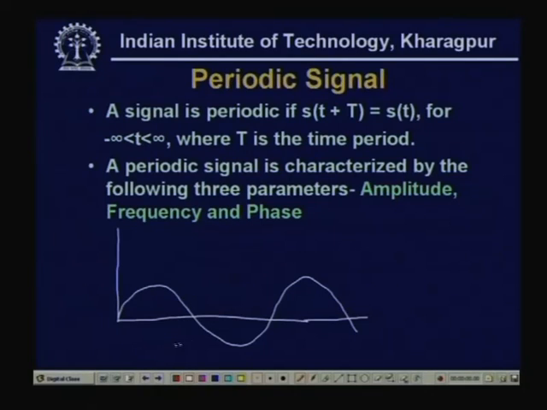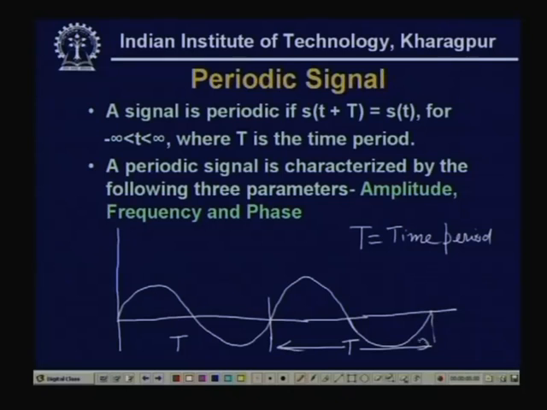Now, this sine wave is repeating, as you can see, after this time. This time T is known as the time period. T is equal to the time period. That means, after time T, the signal will be the same as the previous portion. The same thing, this part will be repeated here. So, this is another T.